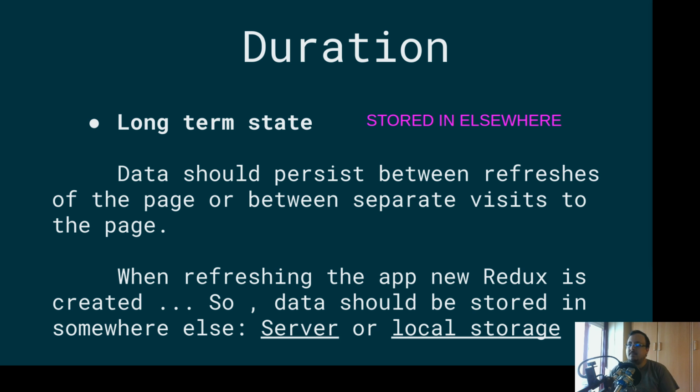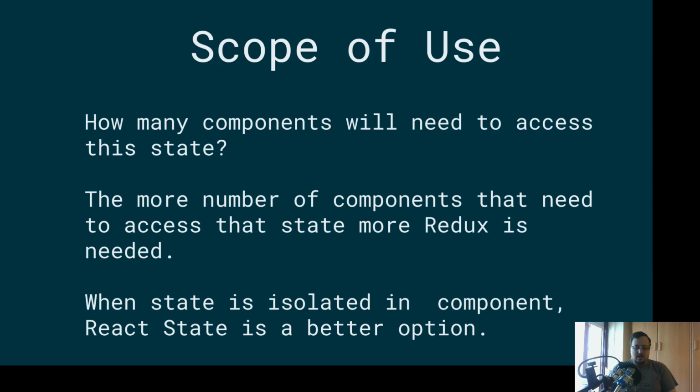Okay, we've seen duration. Another way of dividing how to use state is the scope of use, or which components are going to use that state, how many are going to use it. Remember that this is the more common differentiation between Redux and React.